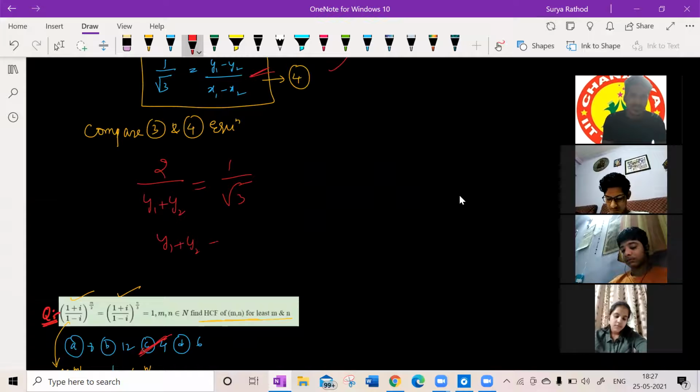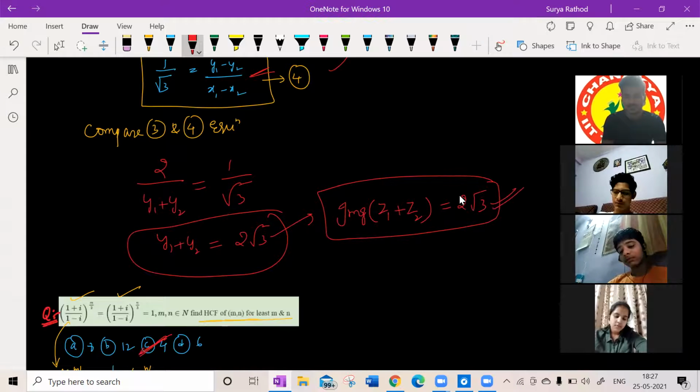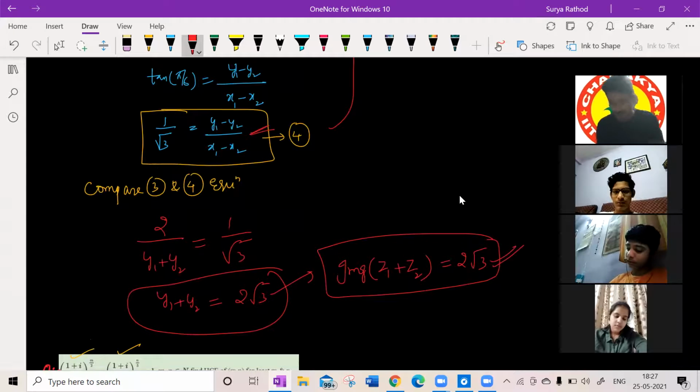So y1 plus y2 is equal to root 3. Why are we finding y1 plus y2? That is the imaginary part of z1 plus z2, which is equal to root 3. Understood, guys? Any doubt?